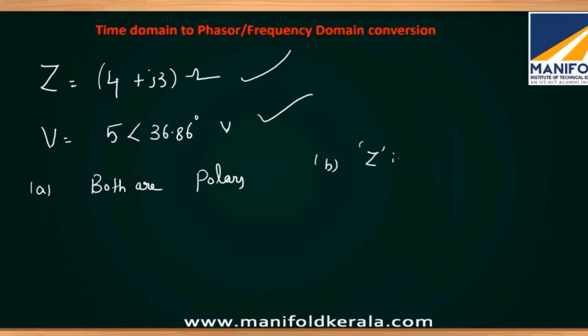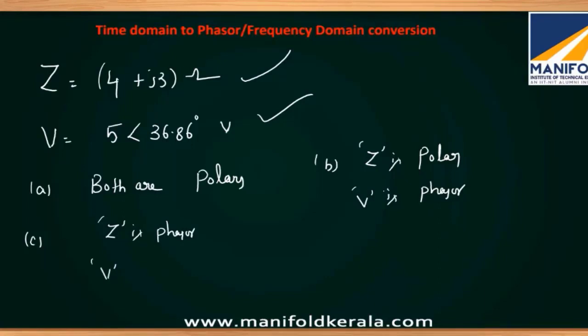Option B: Z is polar, V is phasor. Option C: Z is phasor, V is polar. Option D: none. Tell me which is the right option. Or you can say both are phasor quantities.